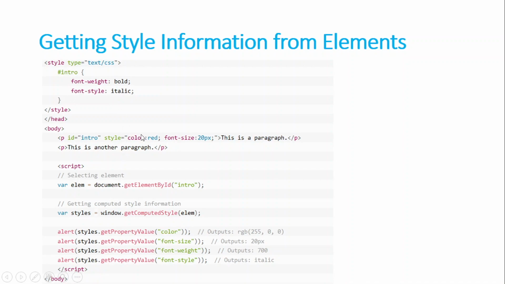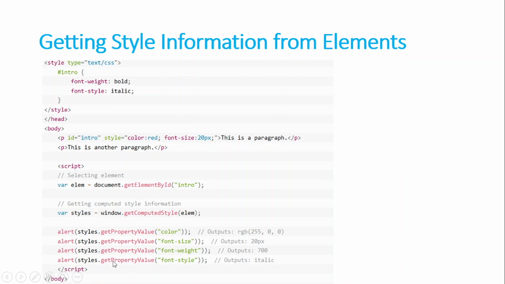Let's say we want to grab the color, then it will give you the color whatever is applied in the actual styling. So whatever the browser has applied, whether it be from internal CSS or inline CSS, it doesn't matter. We can also get the font size. You can see that 20 pixel, font weight which was from internal CSS, and font style by using this getPropertyValue.